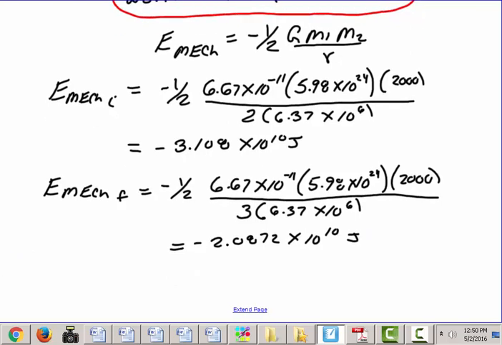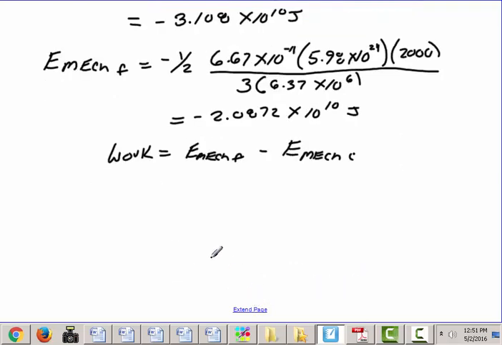So again, we know that work is equal to final minus my initial. We take our final, minus 2.0872 times 10 to the 10th, and subtract the 3.108 times 10 to the 10th.